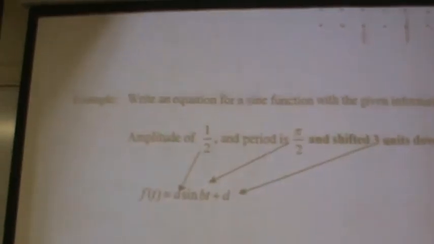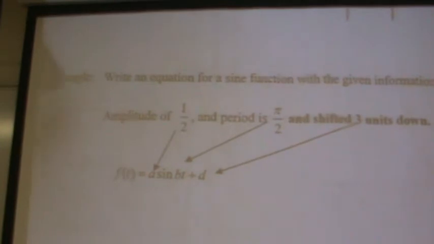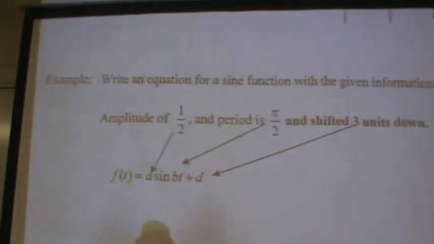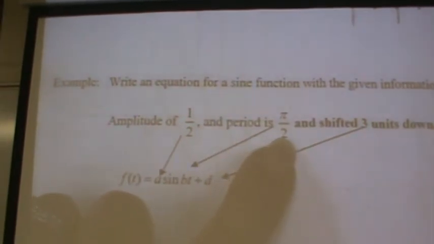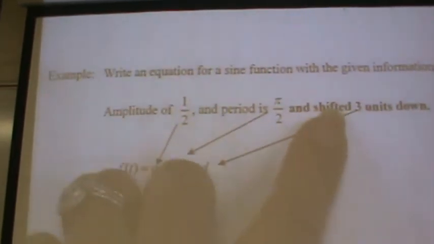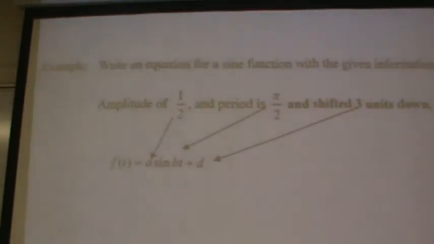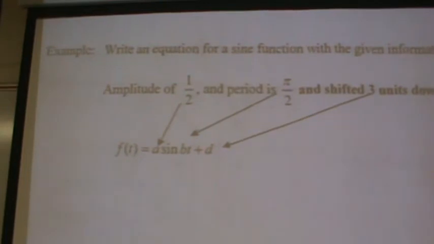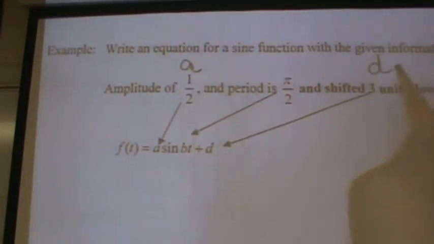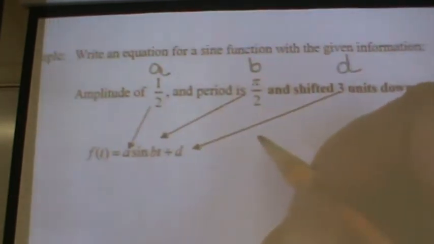Okay, last thing. You will have one of these questions for sure. I'm going to give you some information. Write an equation for the sine function. It has an amplitude of 1/2. The period is pi over 2, and it's a shift 3 units down. So what are you gonna do? We know what A is. We know what D is. We have to figure out what B is.